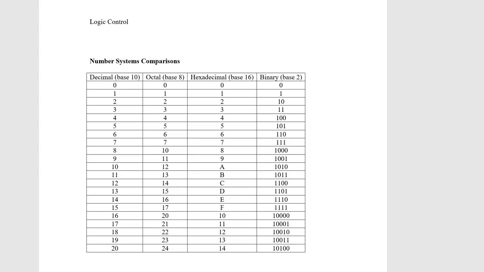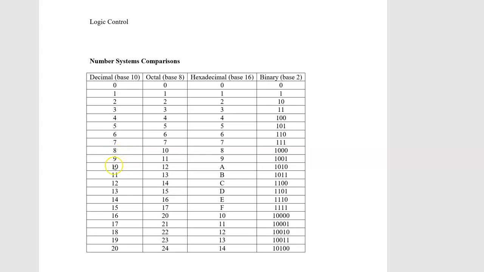Here's a document that compares different number systems. I was just in the PowerPoint talking about a base 10 number system. In base 10, notice we use the symbols 0 through 9, and once we get past the allowed number of symbols, we start to repeat symbols. So we go 0 through 9, and now I'm out of digits.